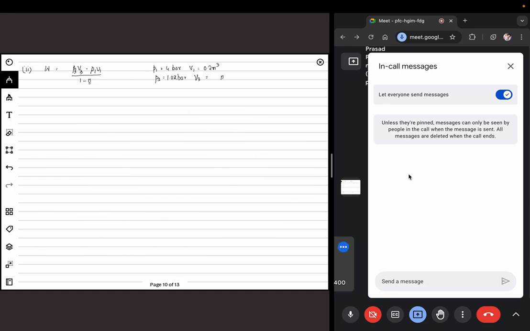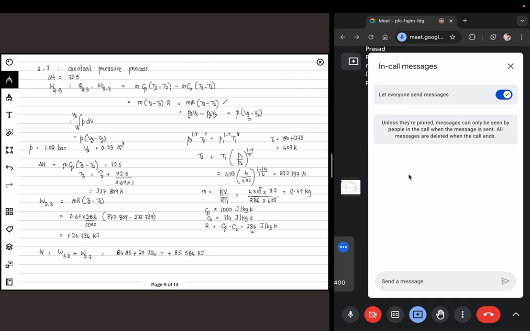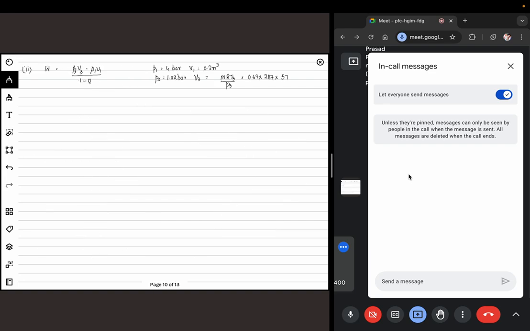V3 is given by, or maybe just to be consistent, this is a value of 286.